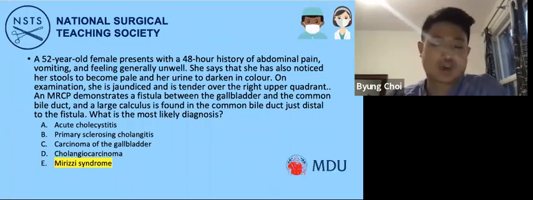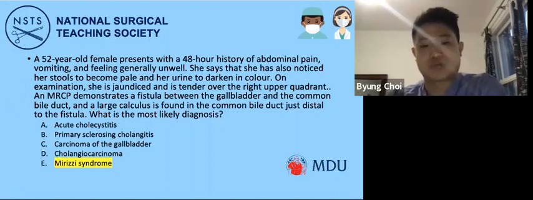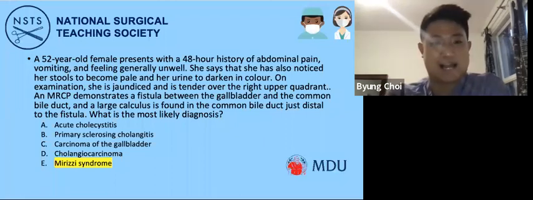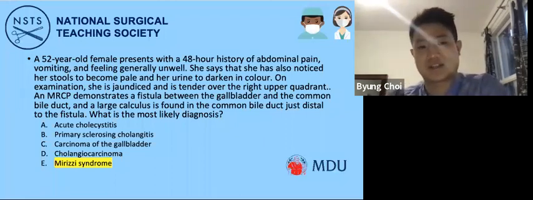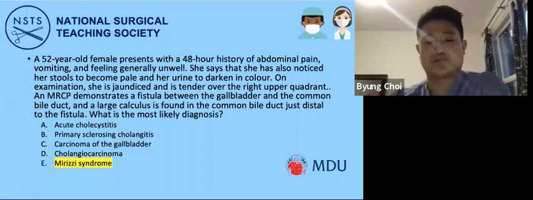Could be the common hepatic duct or even down to the common bile duct. And with that, you initially get that obstructive picture, which this patient has, particularly with the pale stools and the dark urine, because that gallstone impacting is externally obstructing the ducts of the biliary system.